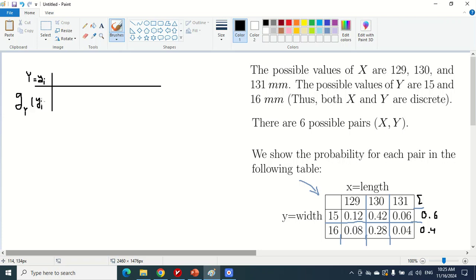As you can see, for the value of 15 we have 0.6 as a probability, and for the value of 16 we have 0.4.